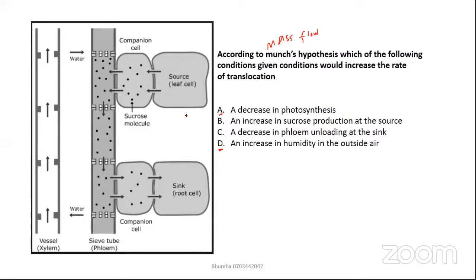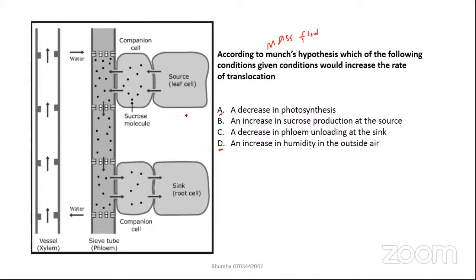I think B is not correct because when there is an increase in humidity, it reduces the rate of transpiration, which means the stomata are closed. Thus, photosynthesis cannot take place. Yet, in Newton's hypothesis, we require photosynthesis to take place, for the sucrose to be produced.